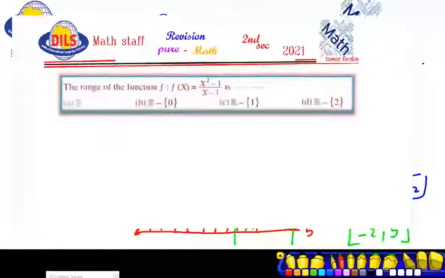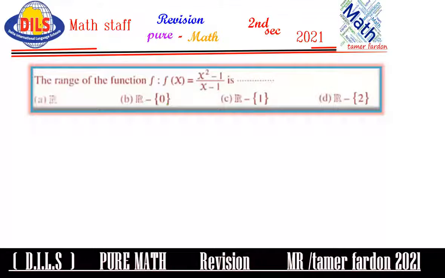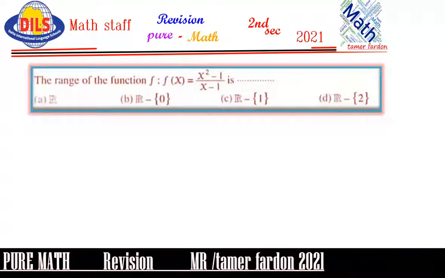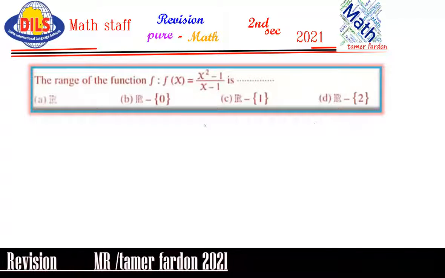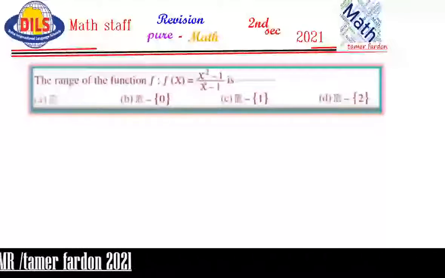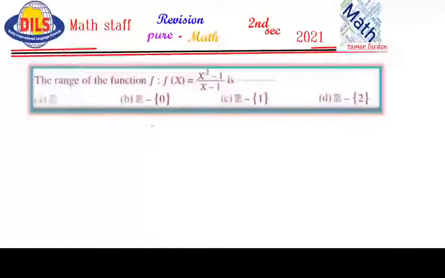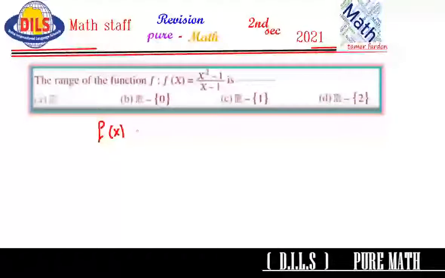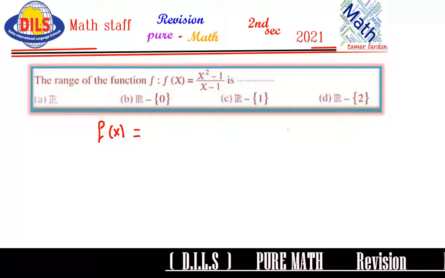The next problem, the range of the function f, where f(x) equals x power 2 minus 1 over x minus 1. f(x) is a linear function.